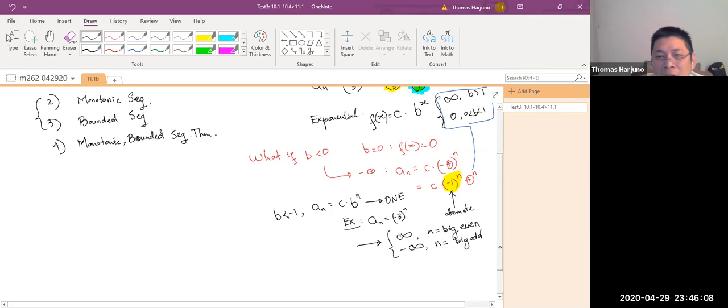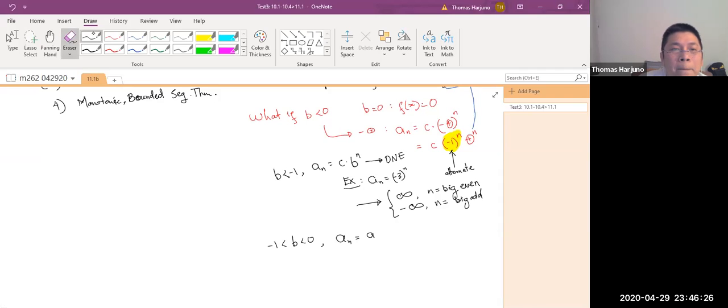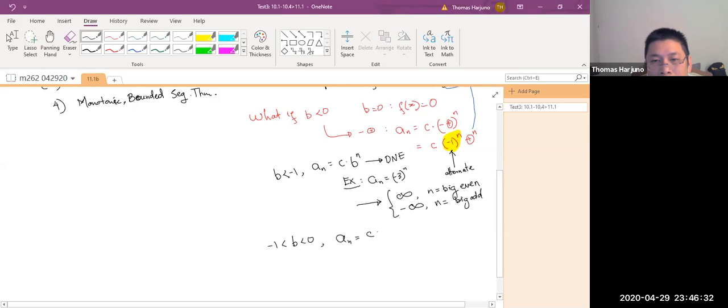Now, on the other hand, if the b is between -1 and 0, then actually, it will be convergent to 0. Now, you may wonder why. Think of it this way. This will be c times -1 to the n times something positive to the n, right?